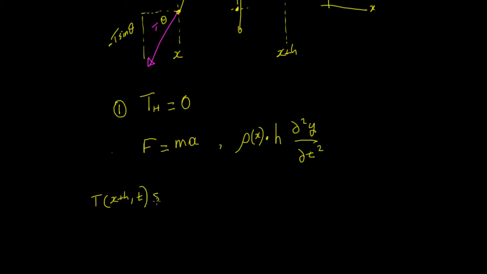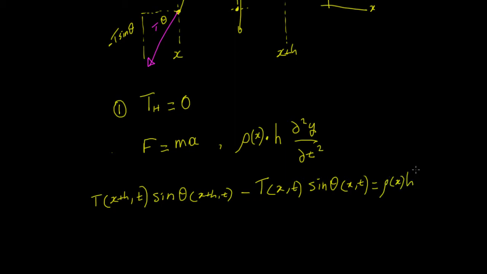Now it's going to be that, and it's going to be the sine of the angle theta, but it's the angle theta again at a point x plus h at time t, and will be minus the tension at the other side here, which is tension at a point x at time t times the sine of theta at a point x at time t. So that whole thing there is going to equal our mass times acceleration, which is going to be our rho of x h partial squared y by partial t squared.